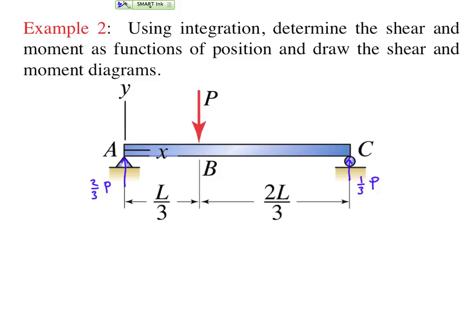This problem is sufficiently simple that we should be able to write down v of x by inspection. Because there is no distributed load, v of x is piecewise constant.